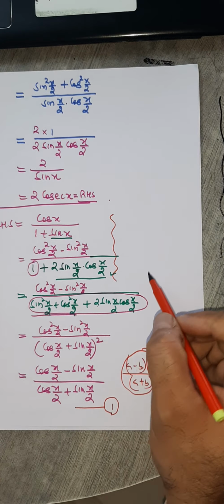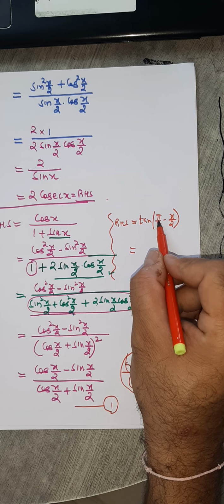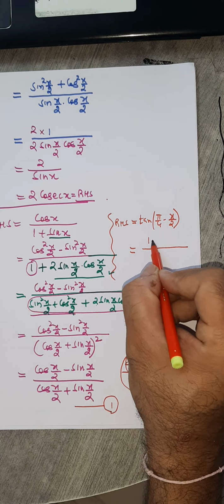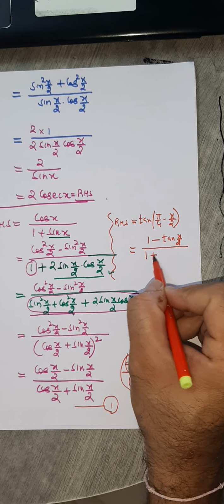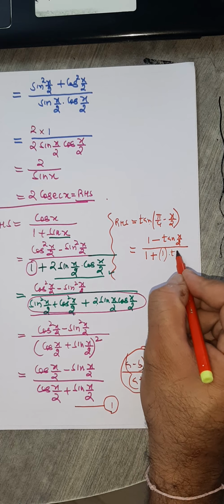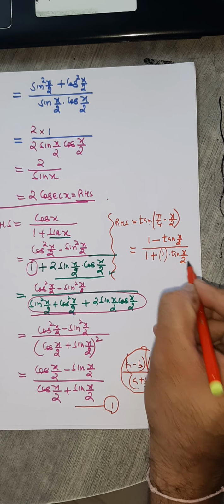Now this is which formula? Addition formula, tan x minus tan y upon 1 plus tan x tan y. Tan x means tan pi by 4, which is 1, and tan y is tan x by 2.